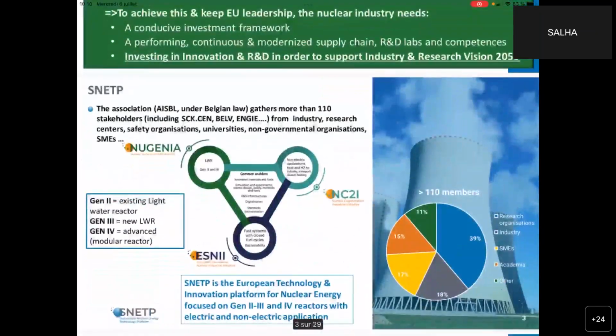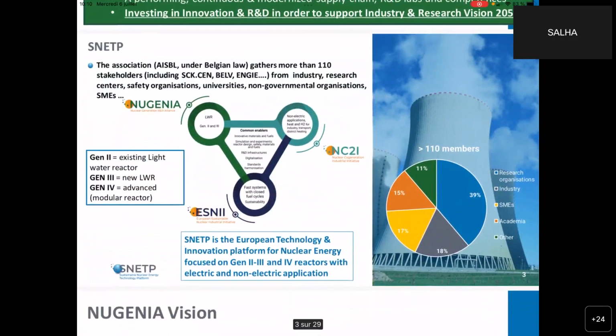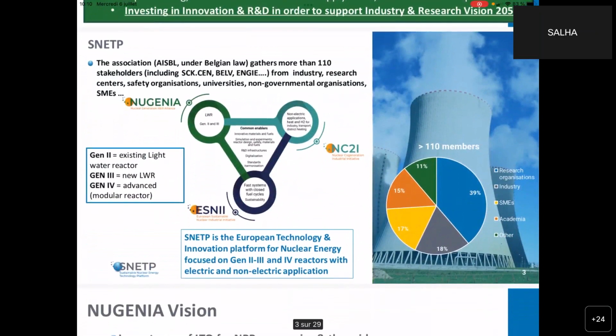So as Marco was explaining, SNETP is in fact the European platform linked with research about nuclear energy in Europe, research about fission, nuclear fission. It's not fusion. So we gather more than 110 members coming from research organizations and also industry and academia.